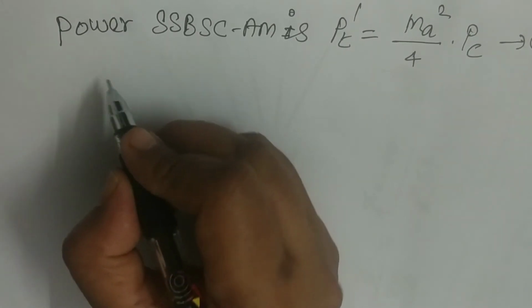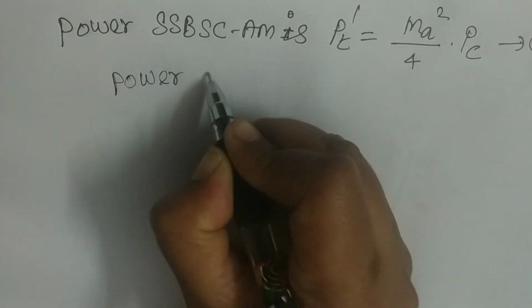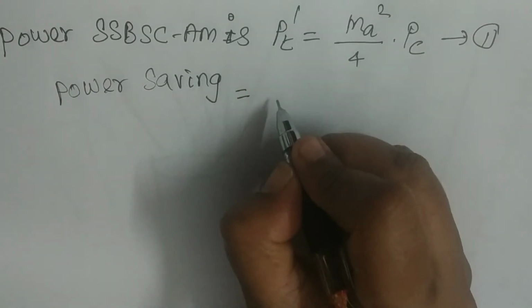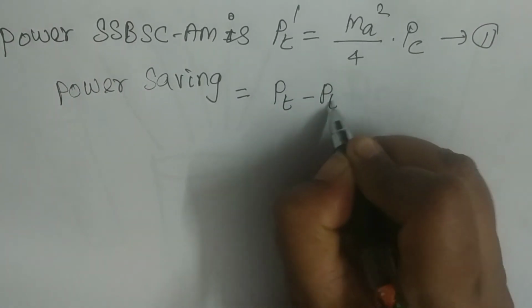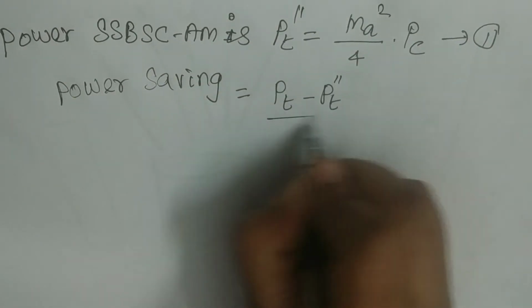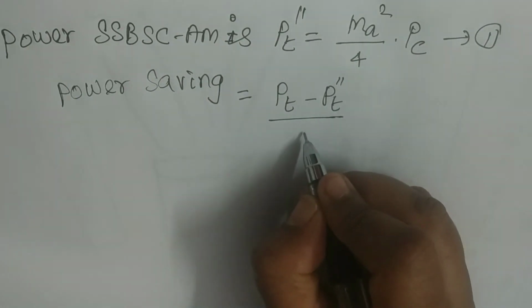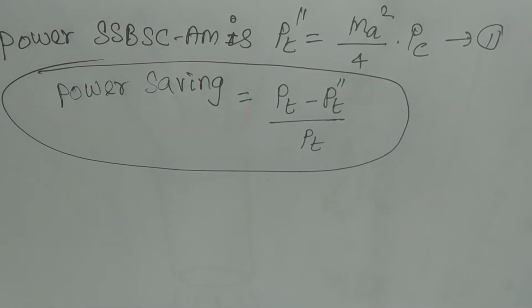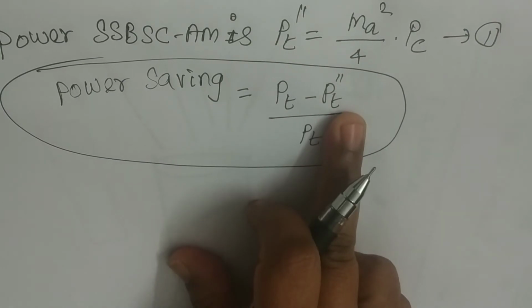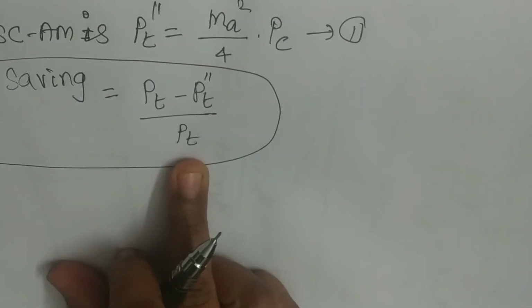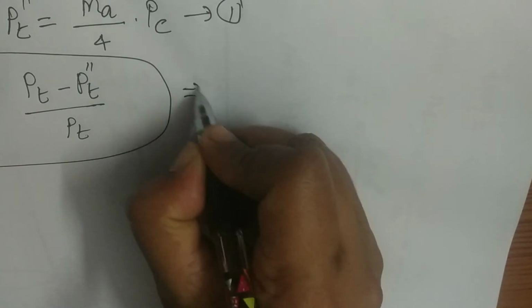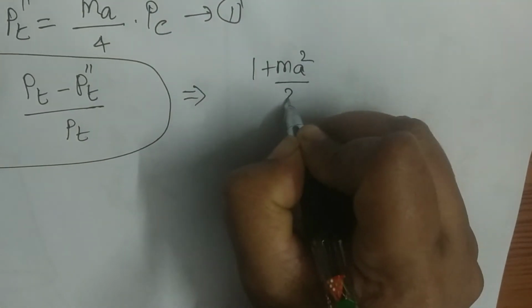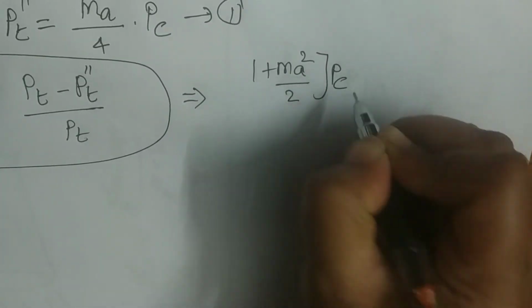We know that the power saving expression is nothing but the total power minus the sideband signal power, divided by the total power. We know the total power is 1 plus MA squared by 2 into PC.